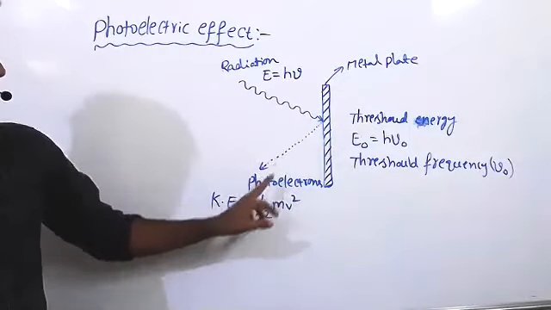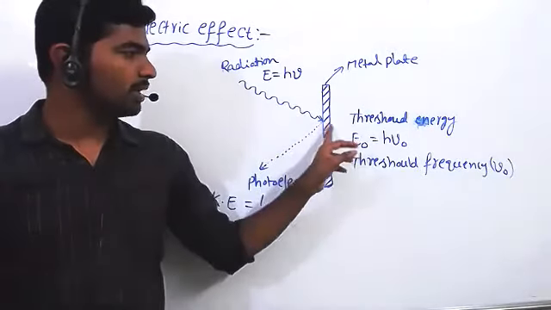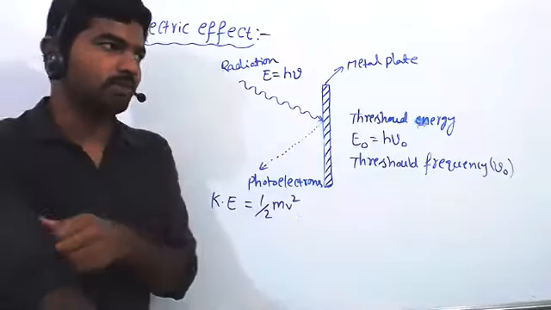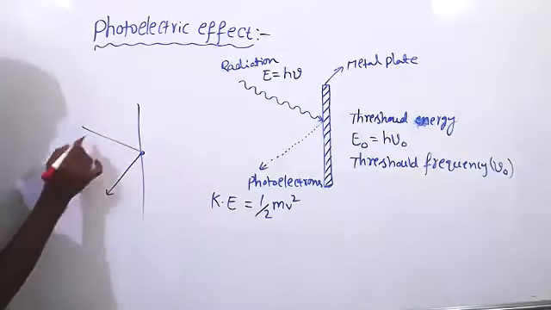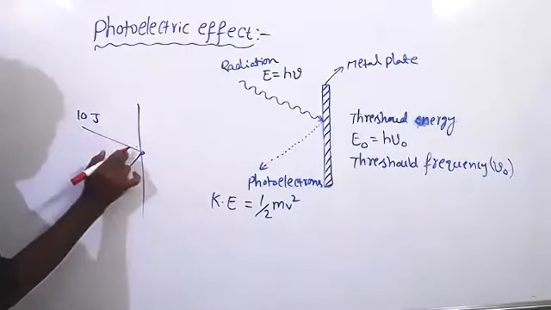Here the electrons have some kinetic energy, K is equal to half m v square. To remove an electron from the metal plate, the energy needed is equal to the threshold energy. See one simple example. You are giving 10 joules of radiation energy.